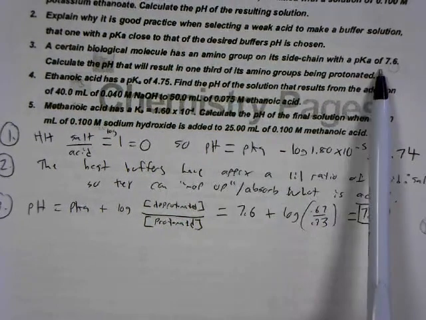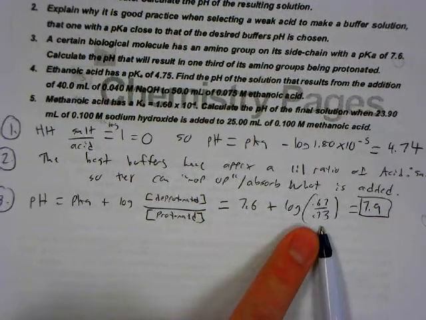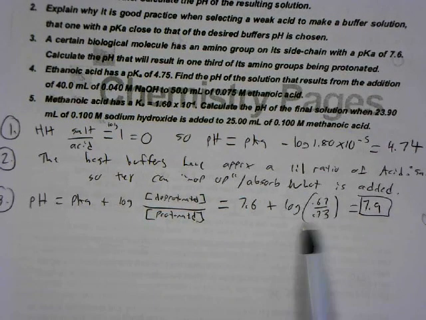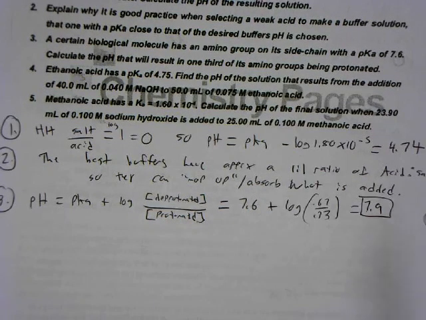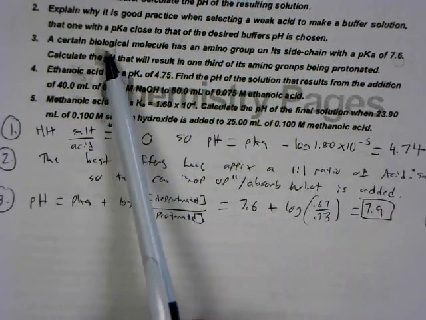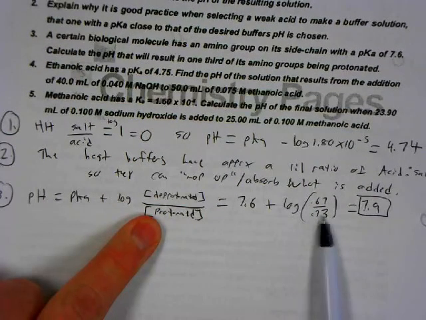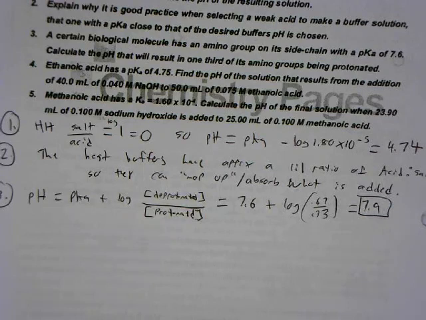It's okay. Where did you get the 0.67 and the 0.33? So I was just assuming 1 on this one because I said that on number 3, 1/3 of its groups have been protonated. So if 1/3 have been protonated, then 2/3 have to be not protonated. And since you're not actually given a mass, it really doesn't matter.